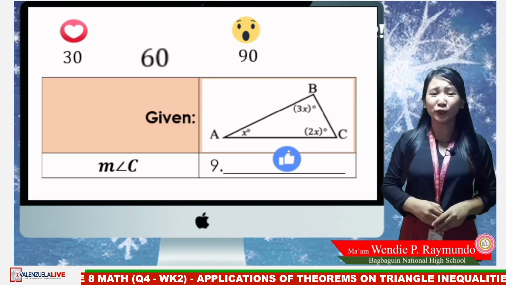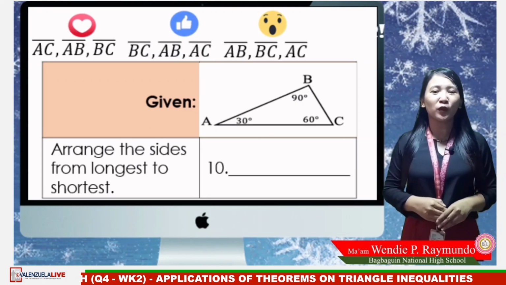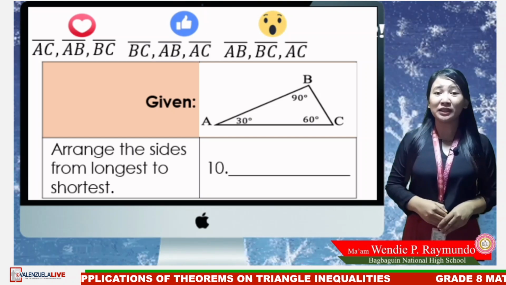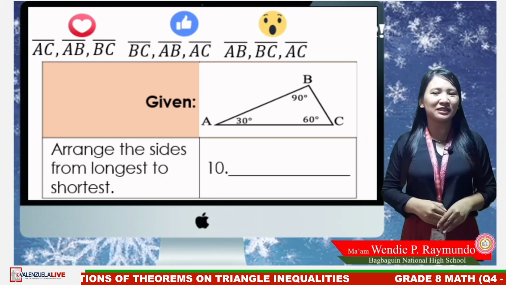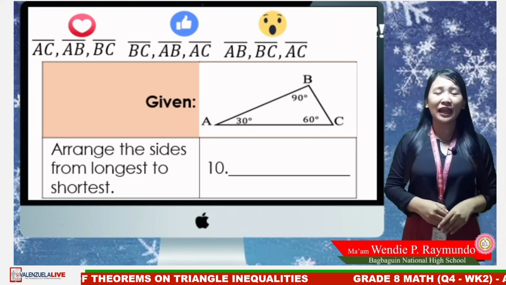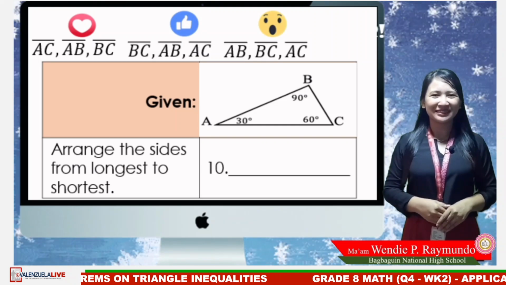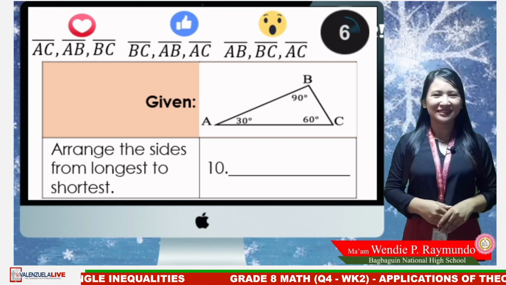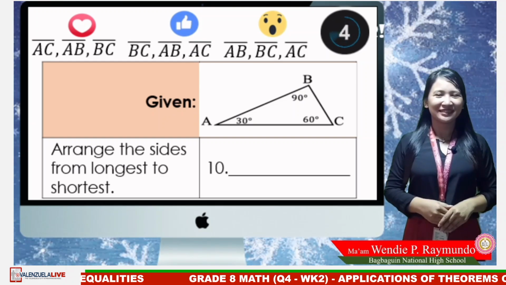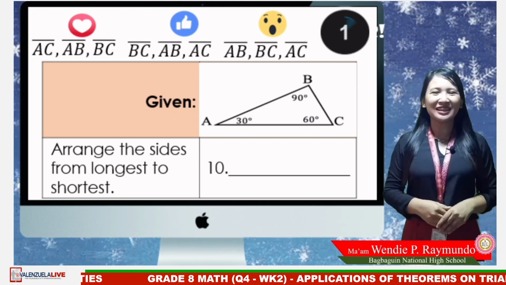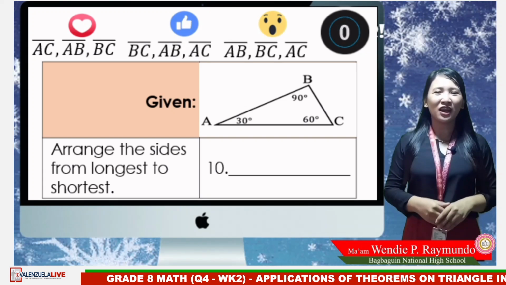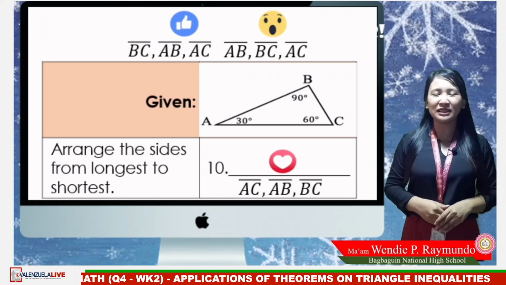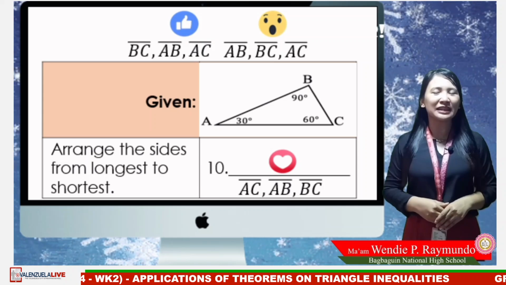And last number. Arrange the sides from longest to shortest. Angle A is 30 degrees, angle B is 90 degrees, and angle C is 60 degrees. Is it heart, like, or wow? The answer is heart. The longest to shortest sides are the side AC, side AB, and the side BC.